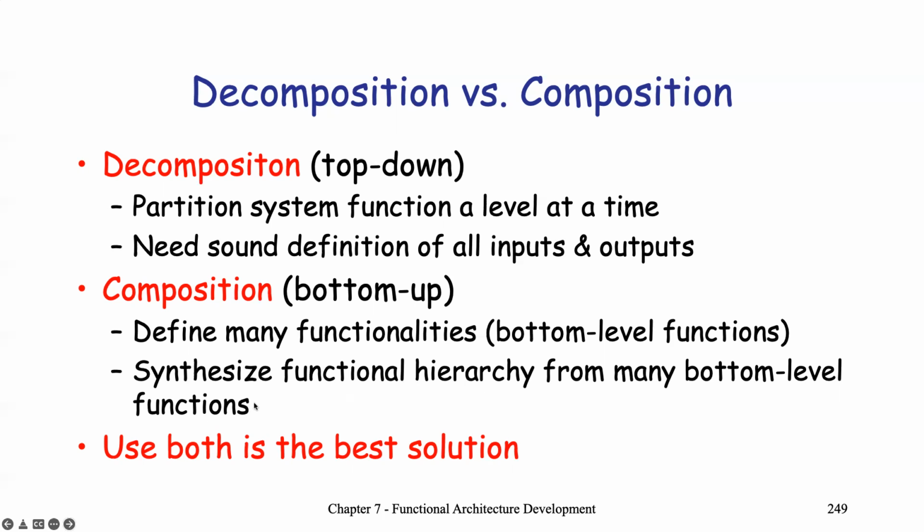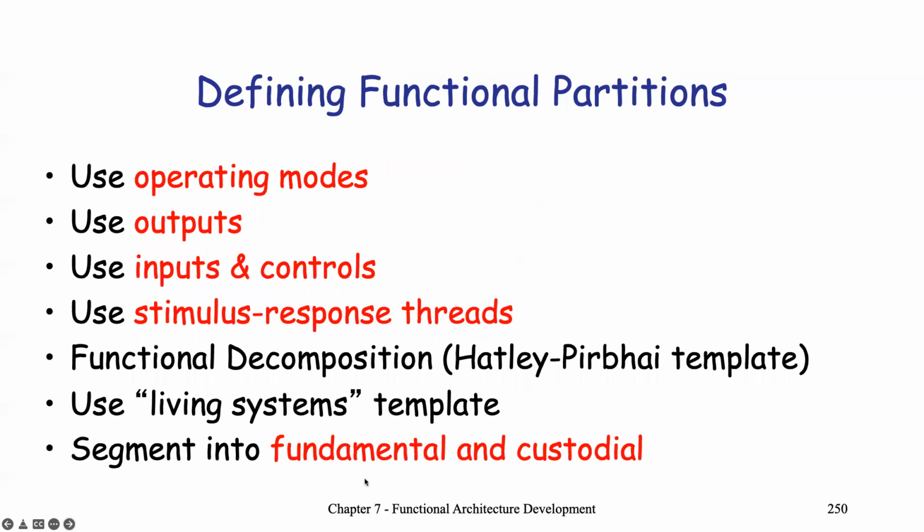Maybe there are certain technologies and enablers that you know you want to leverage in your design, so that may be pushing things up, versus a decomposition, which could be led largely by the stakeholders or customers. And in reality, you're going to be using both to form the best solution.